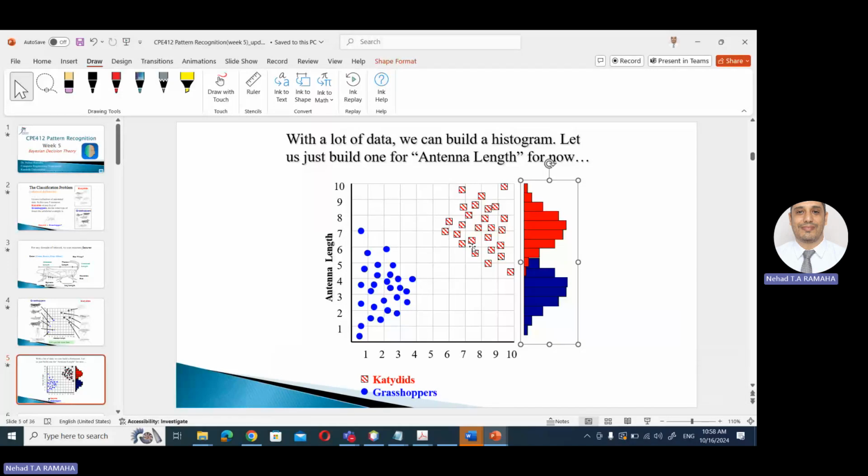With antenna length 4, we have about 9 or 10, and so on. This is the data for the grasshopper, and this is the data for the katydid. With antenna length 5, for example, we have only 1. So this is the meaning of the data.